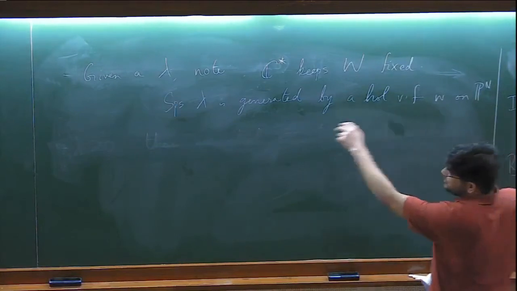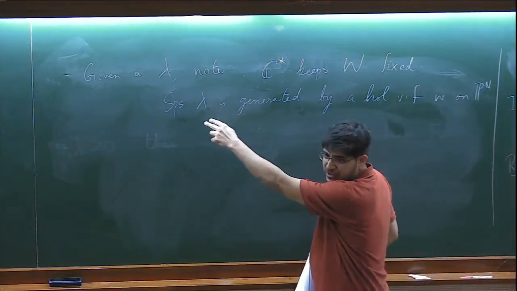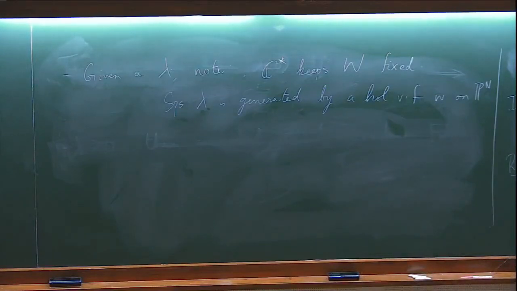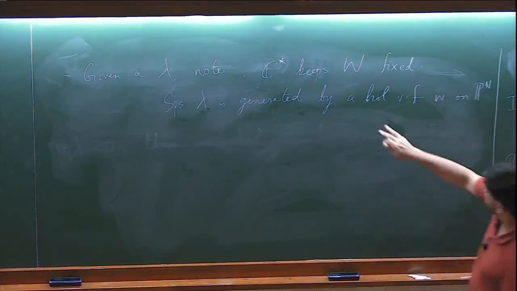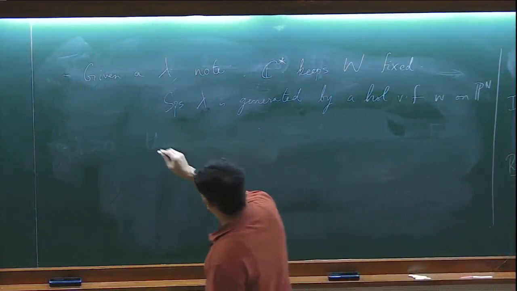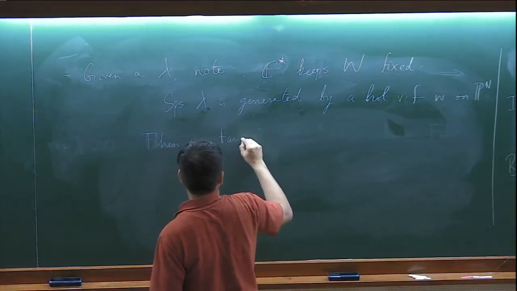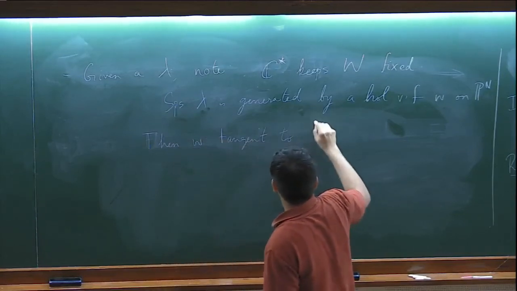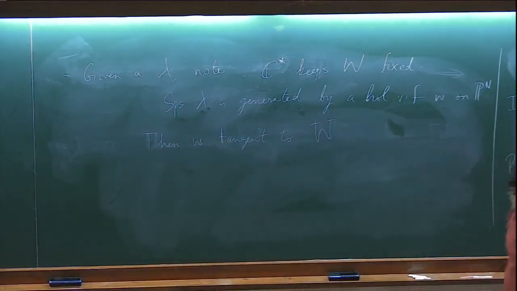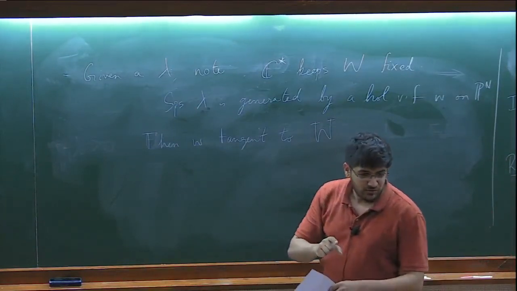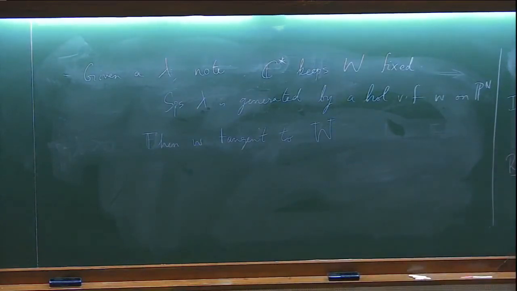So this little w is basically just the derivative of this one parameter family at t equals 1, right? So I'm assuming that this lambda is generated by such a holomorphic vector field. Then w will be tangent to capital W, right? Because the C star action keeps your capital W fixed, so this tangent vector better not move out of capital W, right?